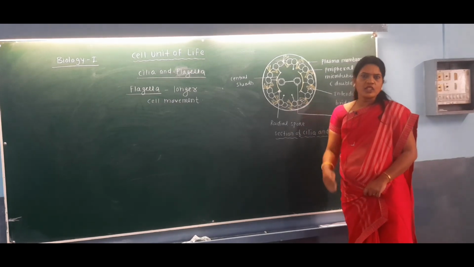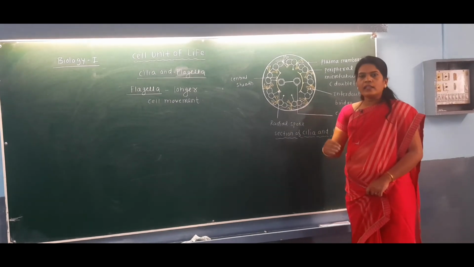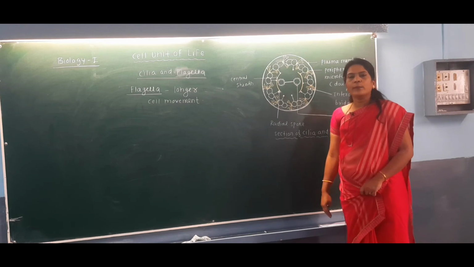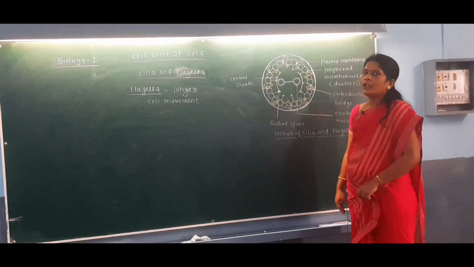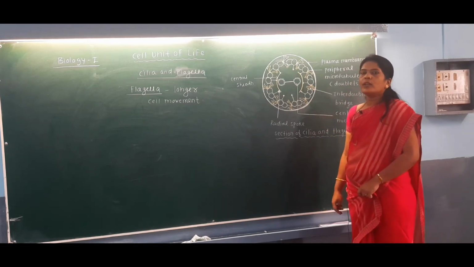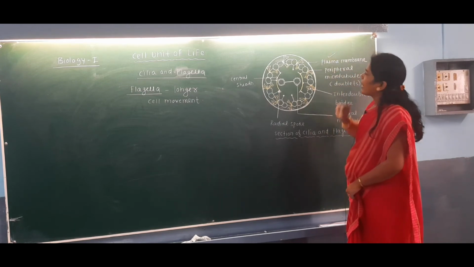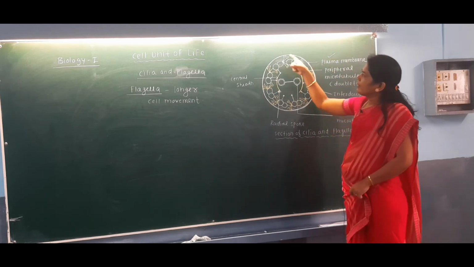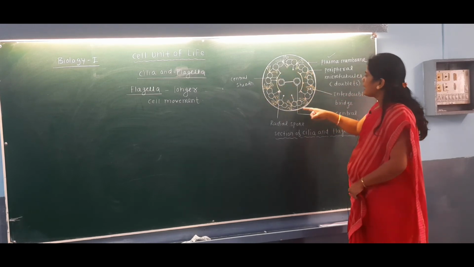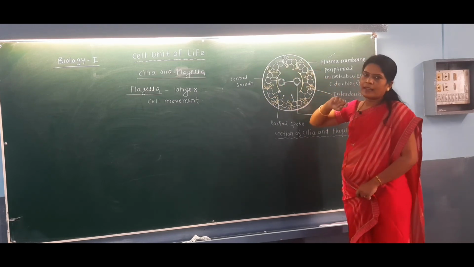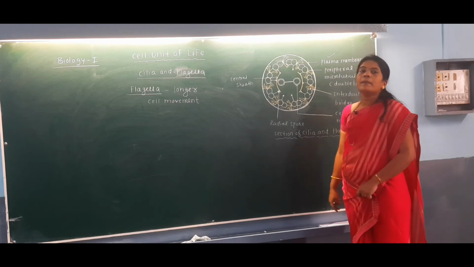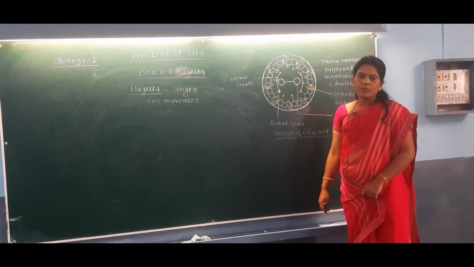So under the electron microscope, if we observe the cilia and flagella, you can see that the outer membrane of the cilia and flagella is called the plasma membrane.